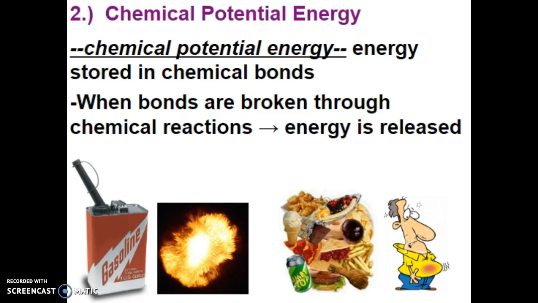So the compound or the bonds in the gasoline molecule, when those are broken apart by combustion, it makes your car move and go forward or backwards, depending, I guess, on what gear you're in. But that chemical potential energy is changed to kinetic energy.